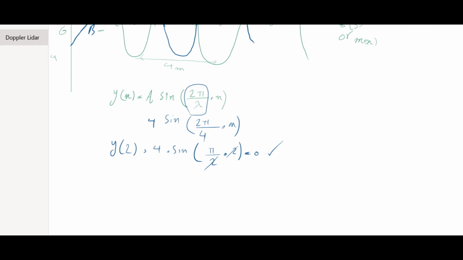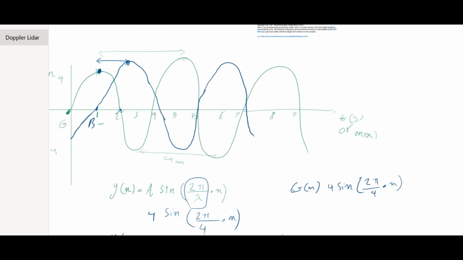This is actually G. G of x is 4 sine of 2 pi over 4 multiplied by x, and B lags behind in this phase, and B of x would be exactly 4 sine of 2 pi over 4 multiplied by x minus phi.